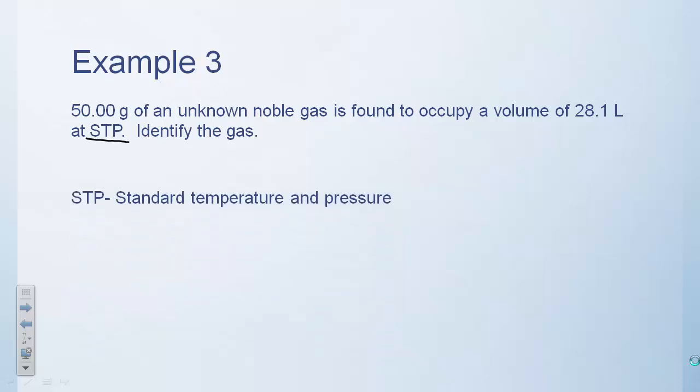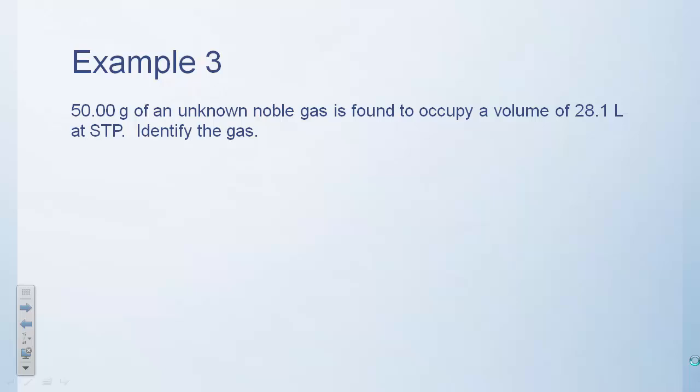STP is what we call standard temperature and pressure, and it's simply a reference point, standard conditions, and it's defined as 273.15 Kelvin, that's 0 Celsius, and 1 atmosphere of pressure. This is nice if you have a given set of conditions so that you can compare one system to another. It's nice to have a reference point, and this is nothing more than that, standard temperature and pressure.